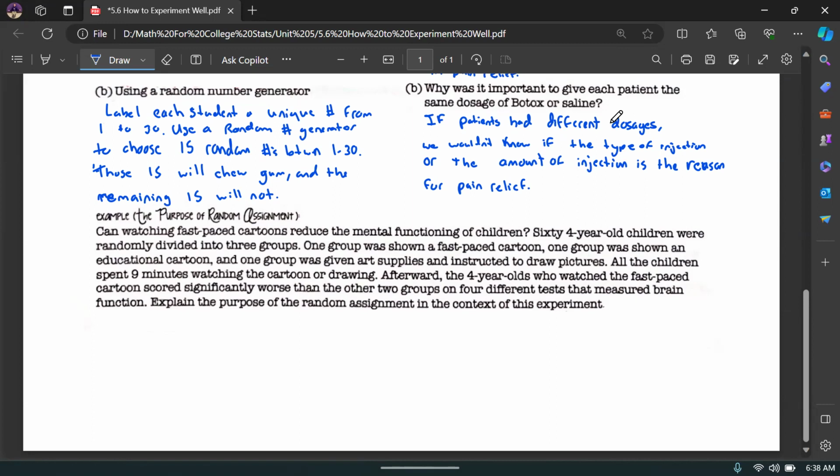The idea that we should use enough subjects to create roughly equivalent groups. And it just helps with that part of an experimental design to make sure that there's no other confounding variable going on.